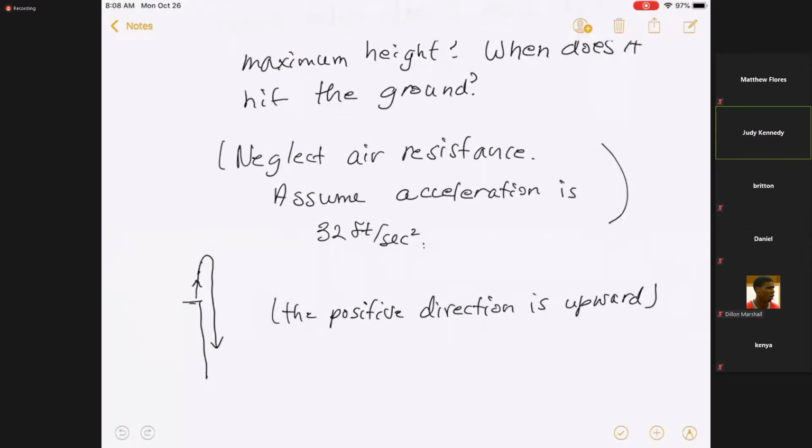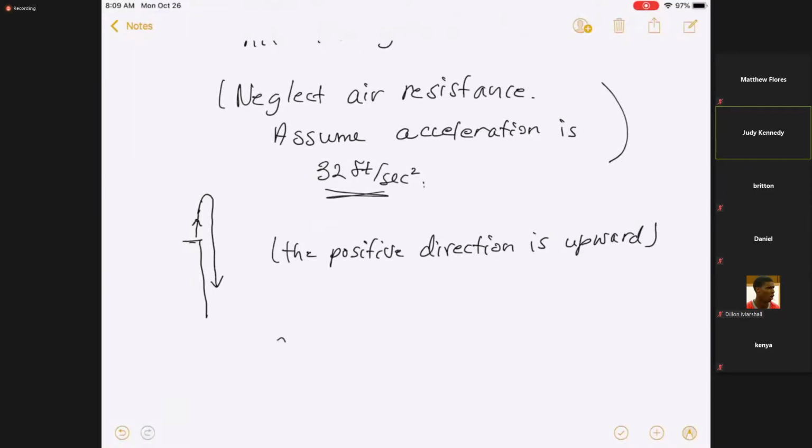Well, with those assumptions, acceleration is 32 feet per second squared, but gravity is a force, and it's pulling things towards the ground. And that's the negative direction. So acceleration here is minus 32.